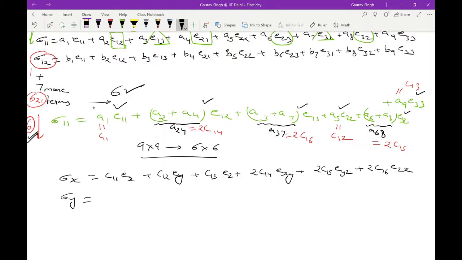for sigma yy, where it will be C21 EX, C22 EY plus C23.